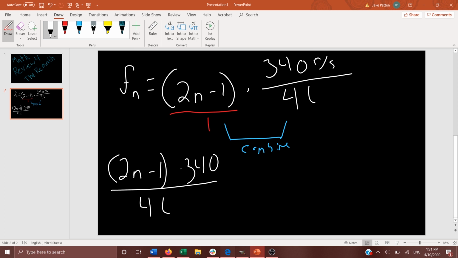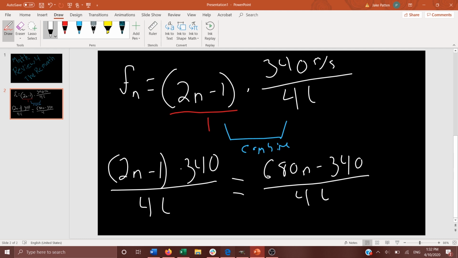So now what we can do is we can then distribute this 340 throughout the rest of that formula. That's going to equal 680n minus 340 over 4L.